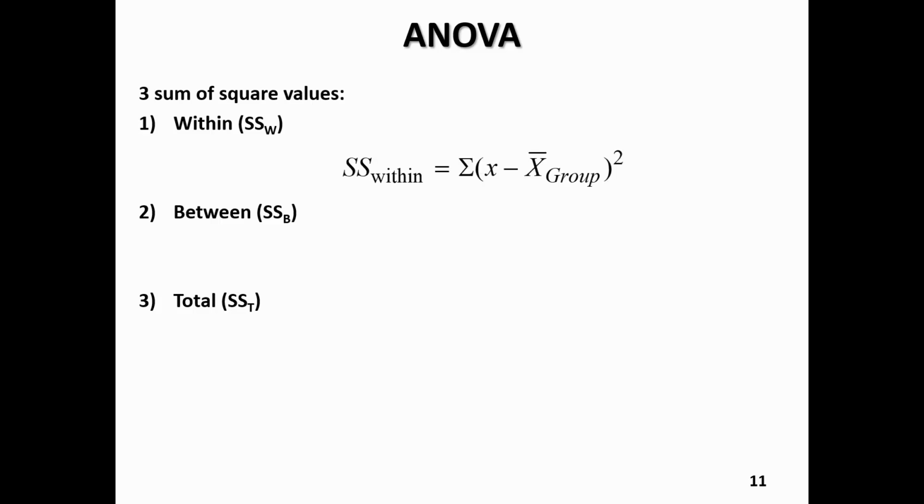The first one is referred to as the sum of squares within, and this is calculated by adding up all of the squared deviations between a single score and the average of the group within which that score was obtained. So for example, this could be the score of just one of the basketball players in that first group.